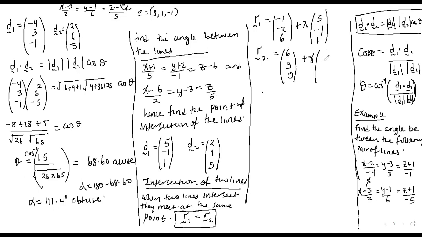So it has which direction vector? 2, 1 and 5.